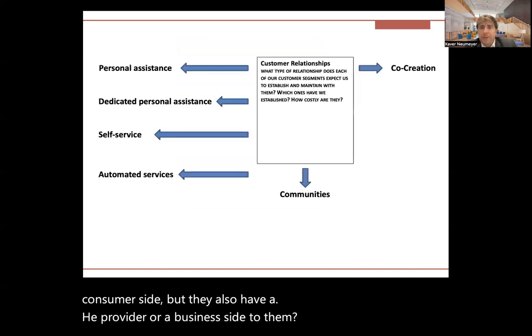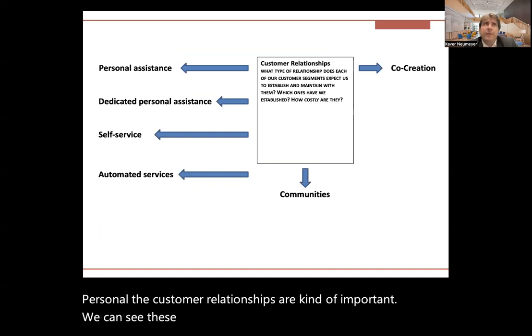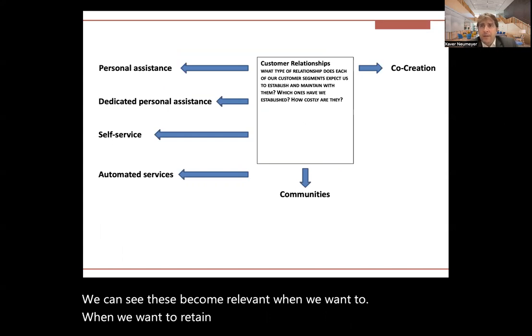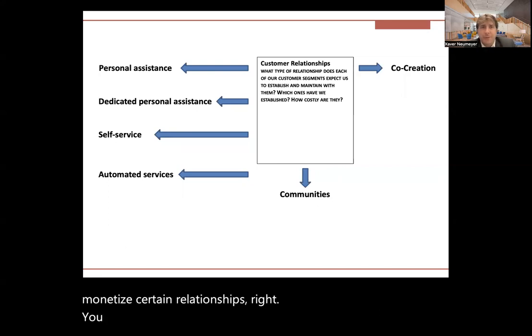Now, customer relationships are important. We can see these become relevant when we want to retain, when we want to target, and when we want to monetize certain relationships. You can use different examples.